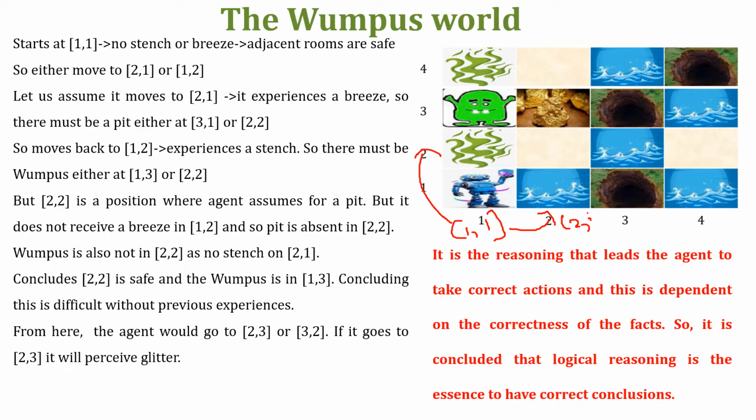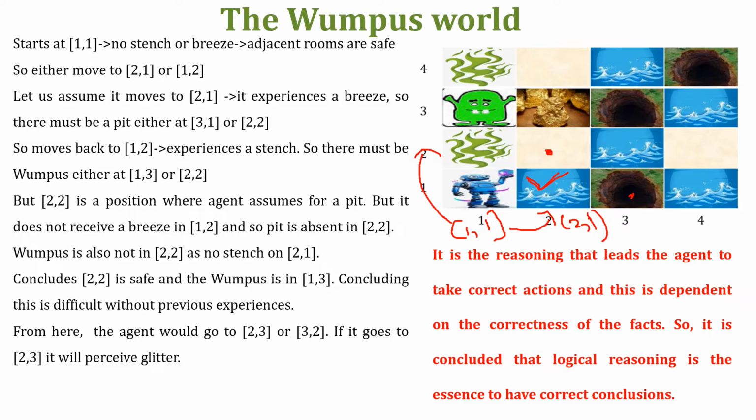In this particular cell, it is experiencing a breeze, which means there must be a pit either in 3, 1 or 2, 2. So this breeze tells us that there is going to be a pit either in 3, 1 or 2, 2.